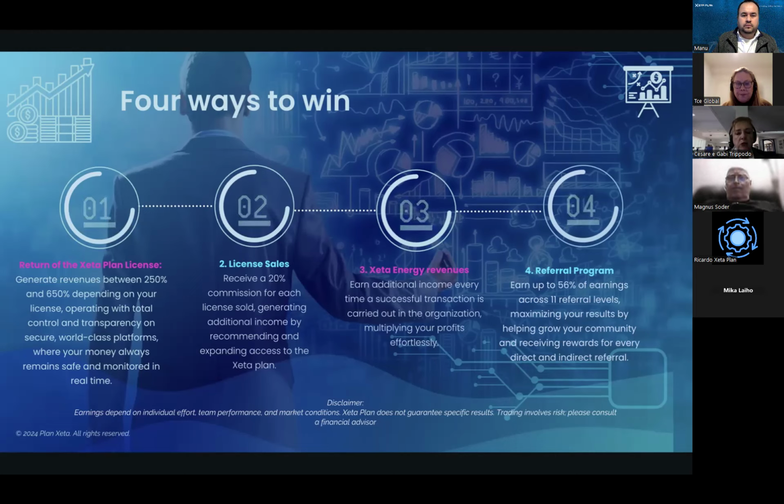You can earn up to 60% of the profits that your organization creates, multiplying your profits effortlessly. The fourth one is our referral program, where you can earn up to 60% across the 11 referral levels, maximizing your results by helping grow your community and receiving rewards for every direct and indirect referral.